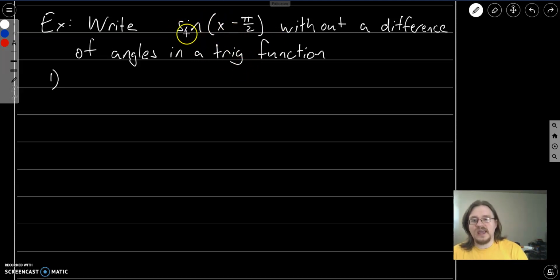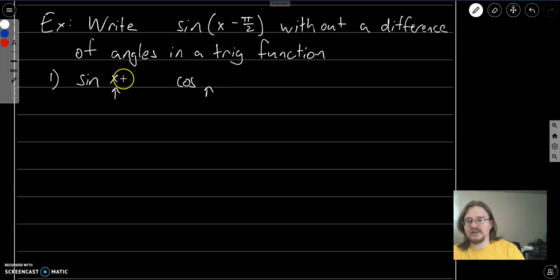But we can turn sine into cosines using our co-functions. So let's write this down. If I want to rewrite a sine as a cosine, what I plug into them have to be complements. So let's work out what the complement of this guy is.